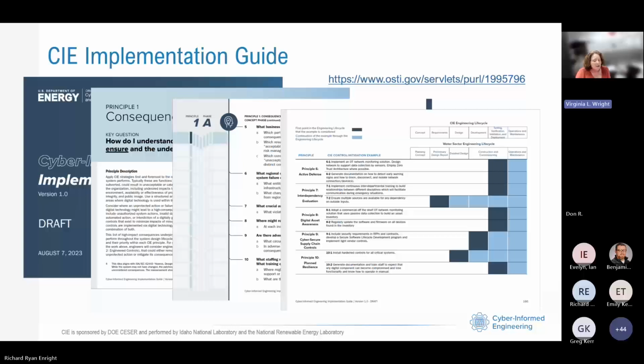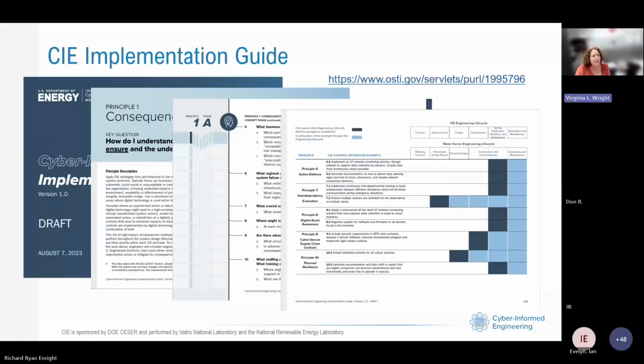And for a system development lifecycle, for each of the principles, teams got together to brainstorm what questions could be asked at each of those phases for each of the principles that might guide designers to apply the principles and add cyber-informed engineering principles throughout the concept, requirements, design, development, testing, and implementation phases, and even into operations and retirement.